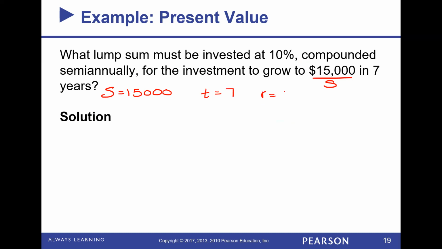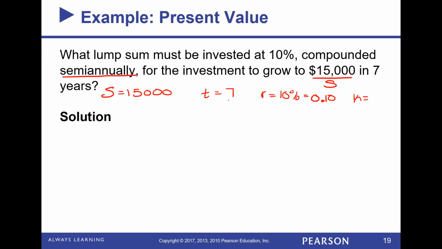I know my rate is 10%, which again, we're going to switch into a decimal format. Okay, and there's one last thing I have to keep in mind as I'm doing this problem. That is K. And K is literally the one that's in words.